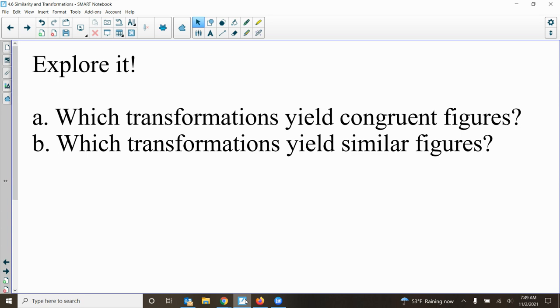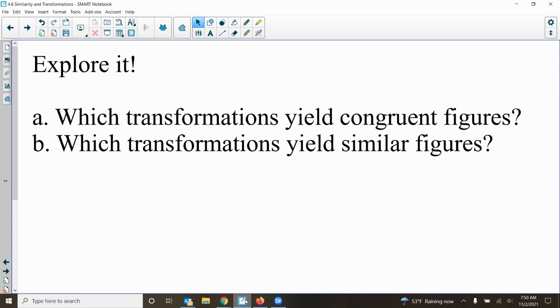So let's talk about these two questions before we get started. We've learned 4 transformations: translations, reflections, rotations, and dilations. Which of those are rigid? All of the above except dilations, right?